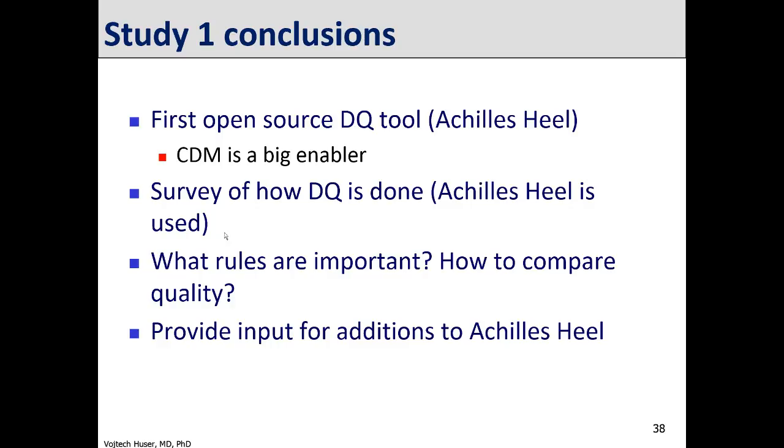We have done that survey, as I said, which was a huge inspiration for how this tool can be improved or what matters to people as they are using the tool. I presented which rules were important, those top 15 rules which fired at more than 10 sites or data sets. And how do you compare quality?